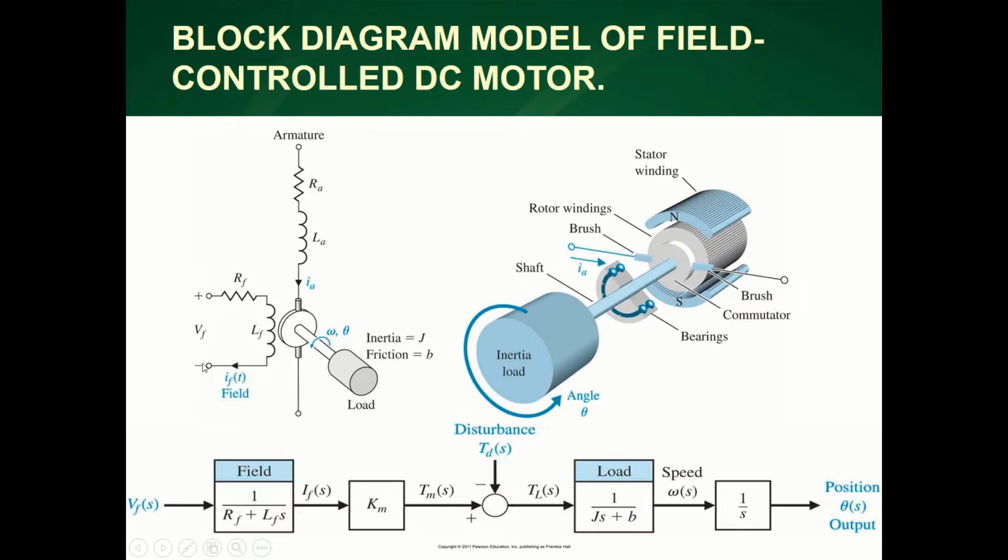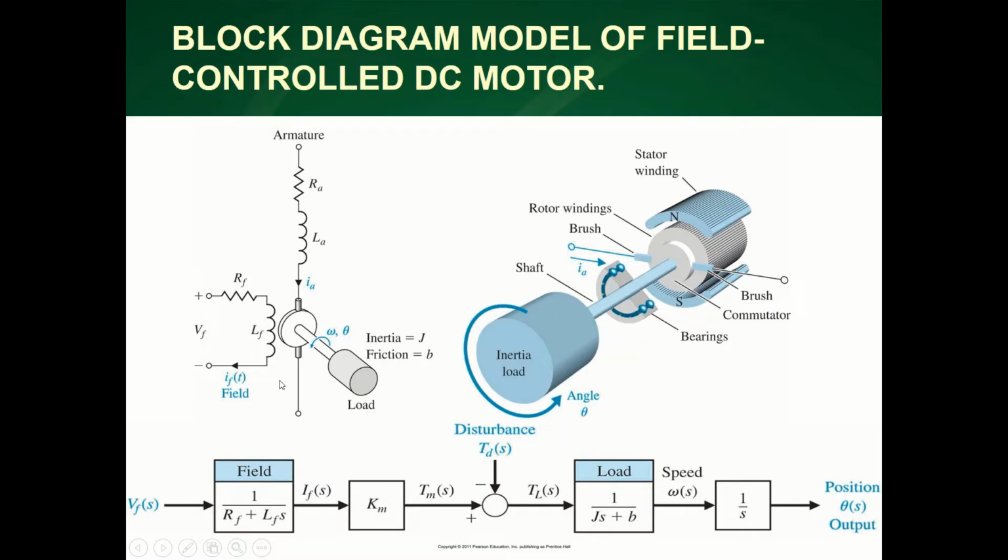And this is described by a transfer function of order 1, and you can see it here. The relationship between the voltage VF and the current IF, where VF(s) and IF(s) are the Laplace transforms of VF(t) and IF(t).